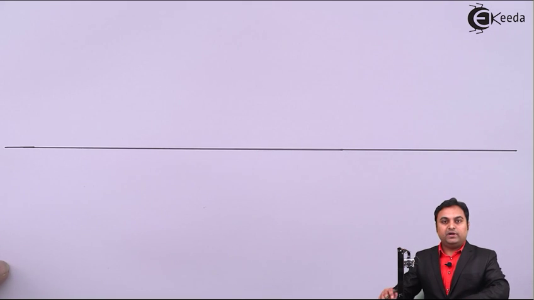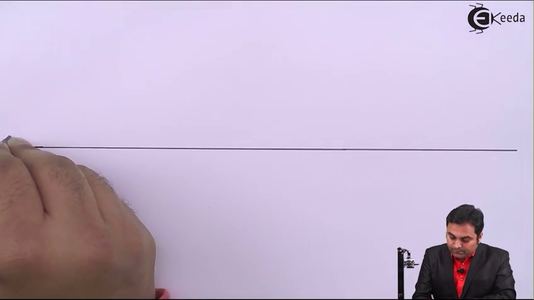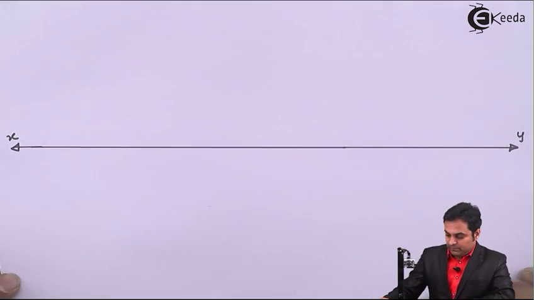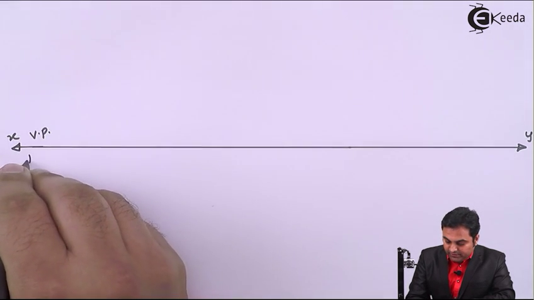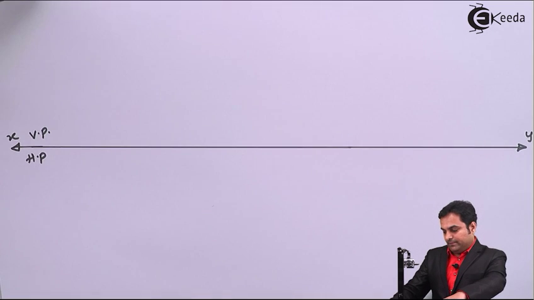So this is the XY line, and here we have VP vertical plane, HP horizontal plane.